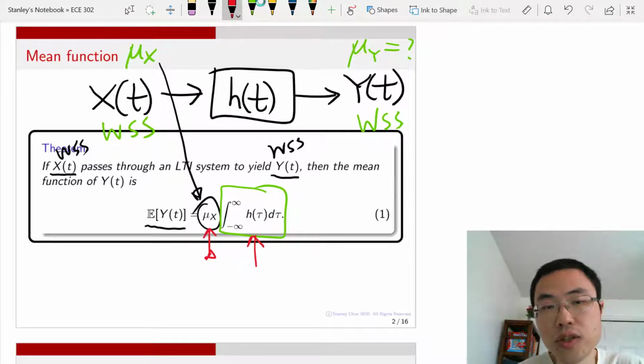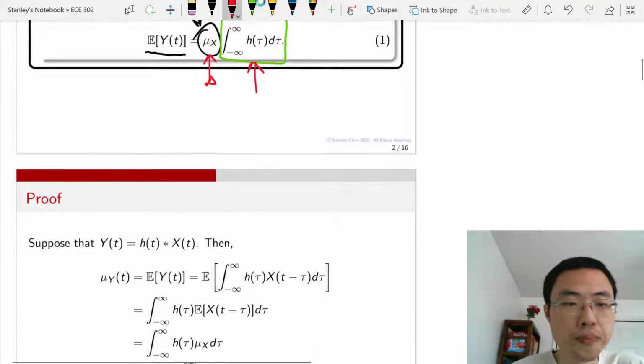If you have a different system, you will have a different scaling constant, which is the integration of all the values of the system. There is almost no interaction between x and h, because everything has been decoupled into the product of the mean value and the mean of the impulse response. So this is the mean function of an LTI system.